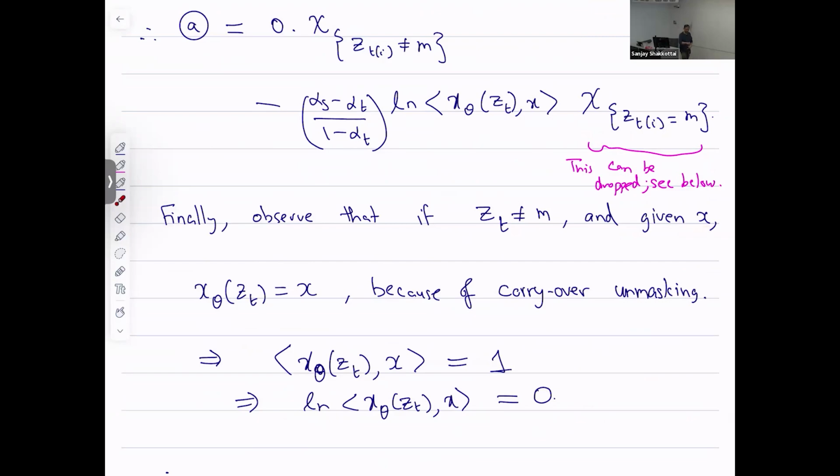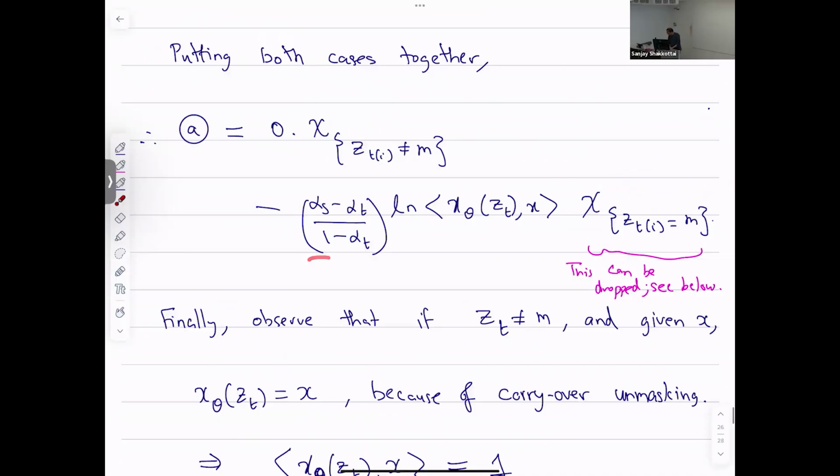Now carryover unmasking is important. This is the other place where supervision is required. When something is unmasked, it remains unmasked, meaning X theta of zt must be equal to x. Therefore the inner product of X theta of zt with x is 1, and the log of that is 0, which means this indicator is not needed, because automatically this will become 0 because of carryover unmasking.